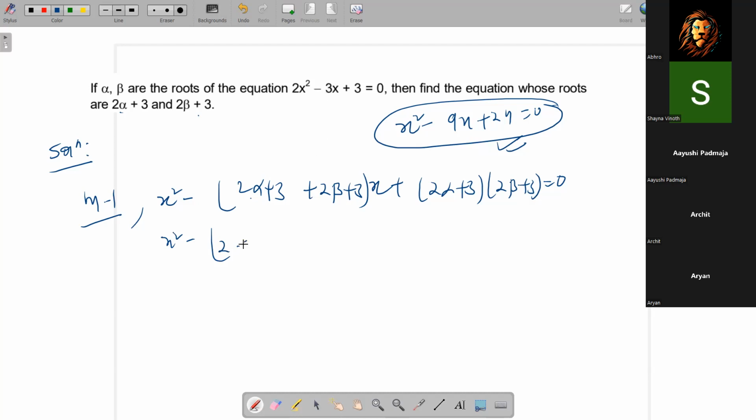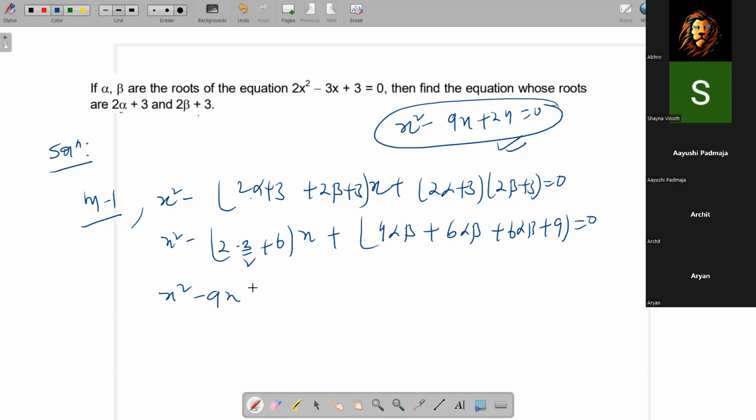That is minus b by a, so 3 by 2, and plus 6 here. And here multiply this: 4 alpha beta plus 6 alpha plus 6 beta plus 9 equal to 0. So x square minus 9x plus, alpha into beta how much? 3 by 2. So 4 into 3 by 2 plus 12, 3 by 2 plus 9 equal to 0.